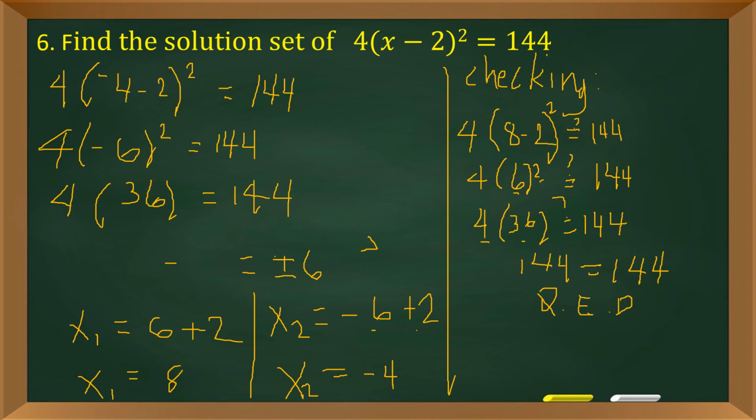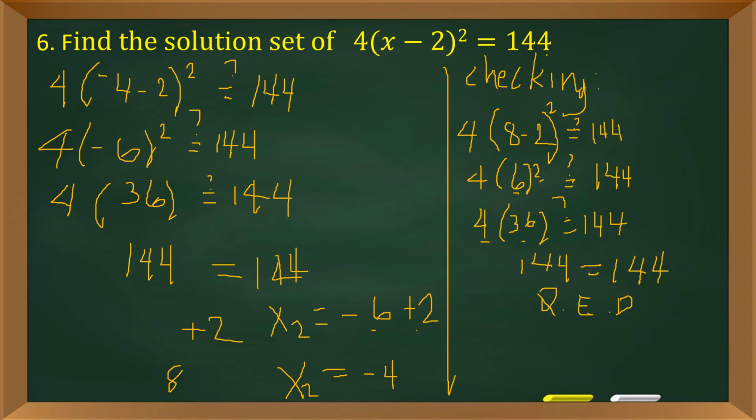Ulang pa rin ang space natin. So, bura-bura lang. But 4 times 36 is 144 also, which is equal to 144. Oops, we forgot question marks. And we are now safe to say that our right side is equal to our left side.